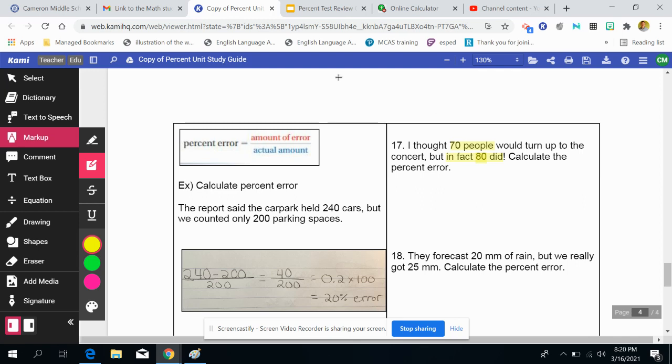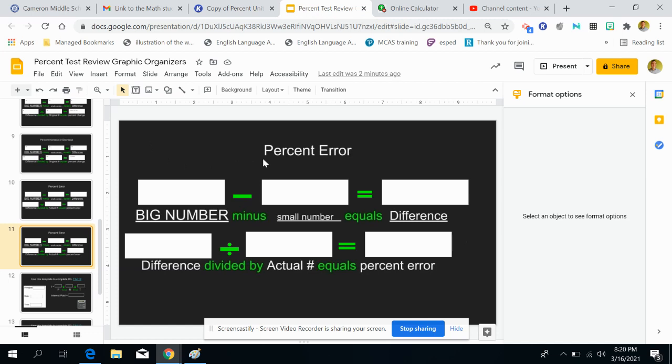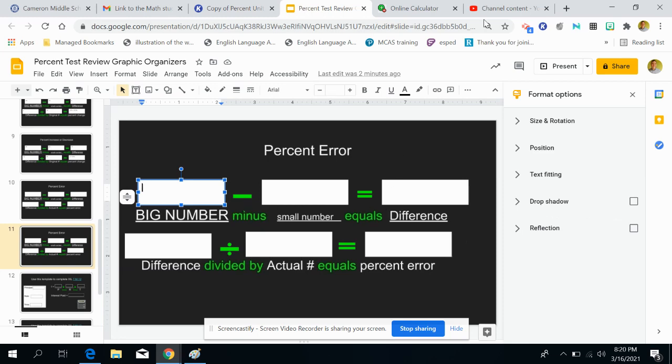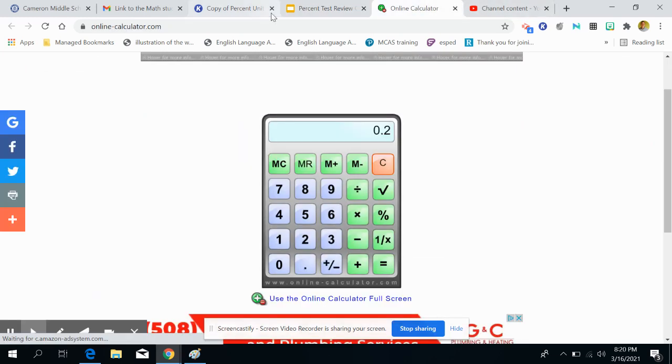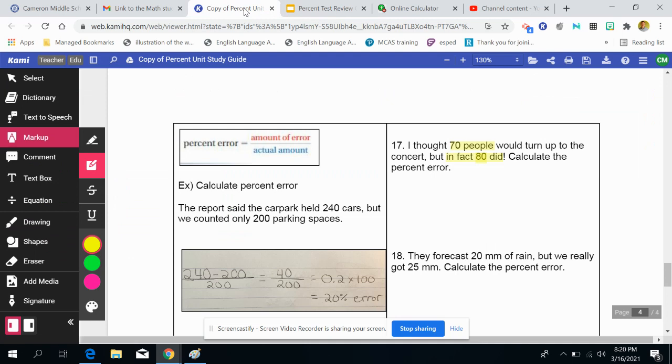So if we take a look at our percent error graphic organizer, again, you can see it resembles the percent change, but there are some important differences. But let's start by finding the difference. So if I go here again, my big number is 80, my small number is 70.